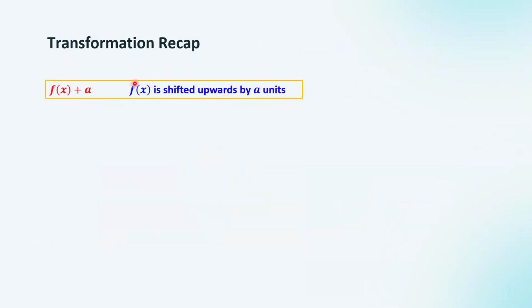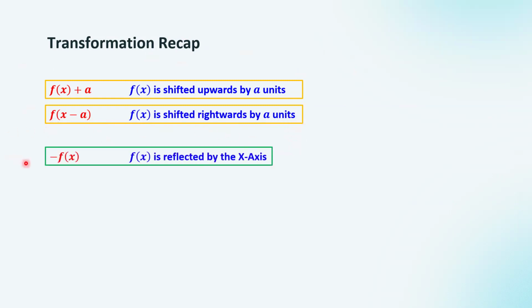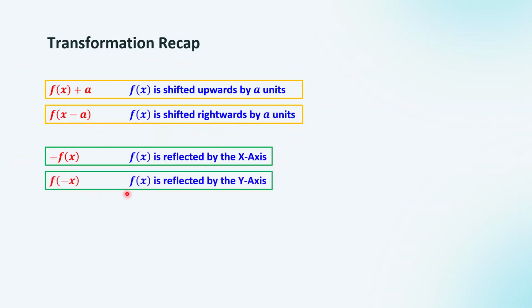Right, guys, let's try to recap what we have known so far. So first, f of x plus a means that it is shifted upwards by a units. If x minus a, it is shifted rightwards. Okay, so to the right means x minus a, and to the left means x plus a, just like what we learned before. So this is the translation transformation. And then, how about for the reflection? Yes, this one, yeah? Minus f(x) means it is reflected in the x-axis. f(minus x) means it's reflected in the y-axis.